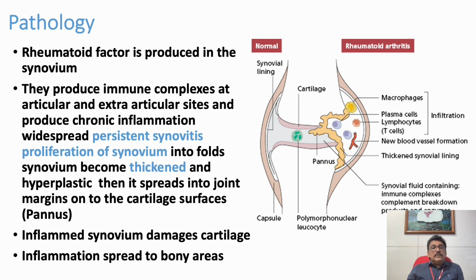So that is a problem in rheumatoid arthritis. Slowly the bone surrounding the joint will be destroyed. Macrophages, plasma cells and lymphocytes all will infiltrate the joint space, and initially they will produce edema, then inflammation, then bone destruction and osteopenia. So that is very important.